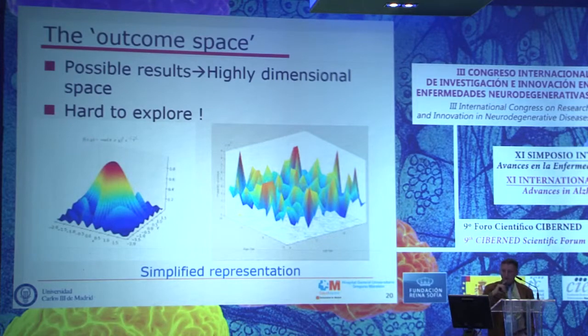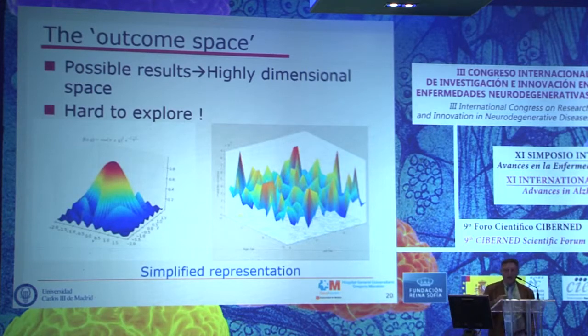This space has a very high dimension because I may easily have between 50 and more than 100 different tunable parameters. So it's a space with more than 100 dimensions, and the number of different outcomes of my analysis is thousands and thousands and thousands.